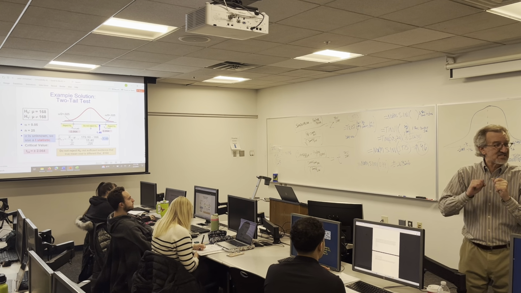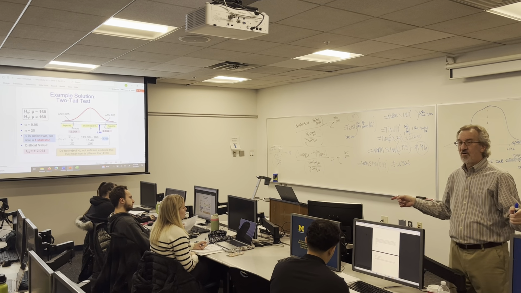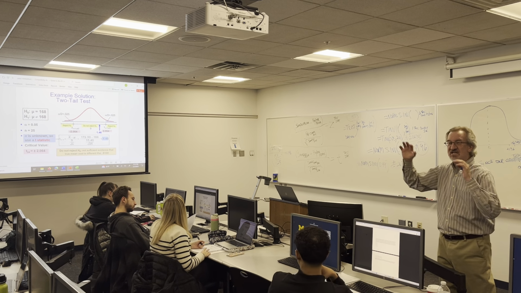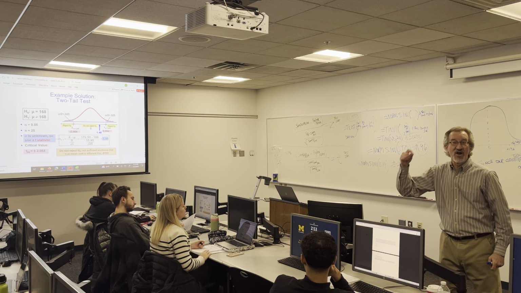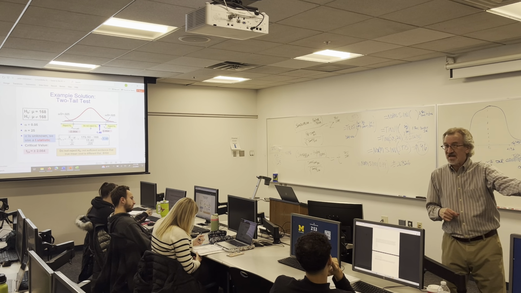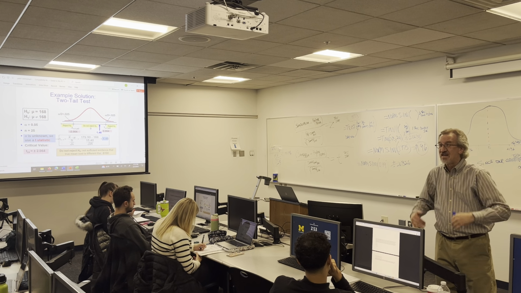Is our test statistic inside or outside the critical value? Inside. Therefore, do we reject or not reject? Cannot reject. Anytime your test statistic is inside the critical values, you cannot reject.